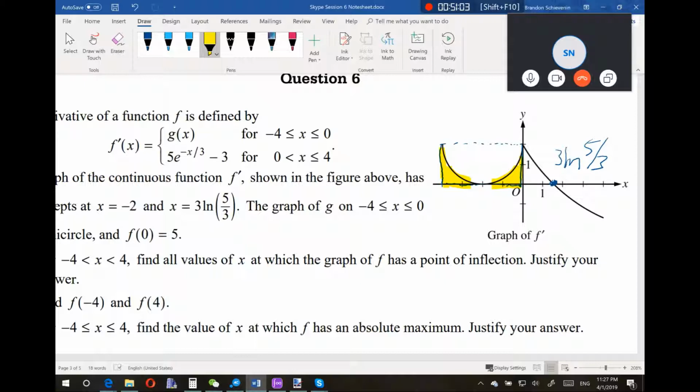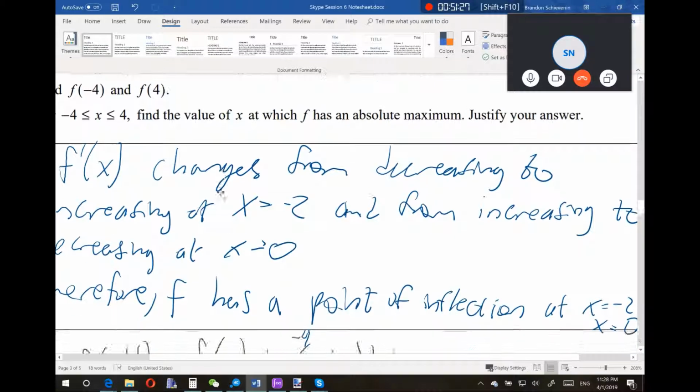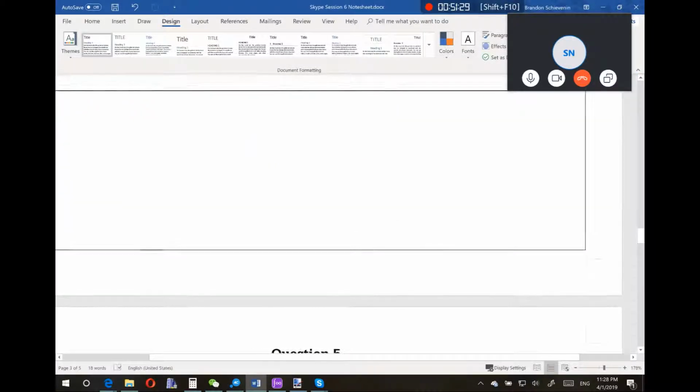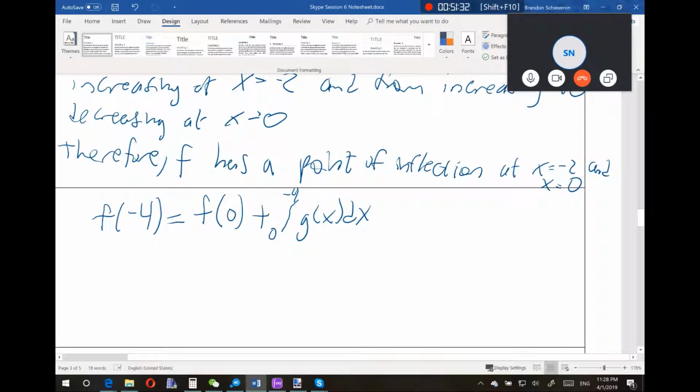What's the area of the semicircle? 2 times pi. What's the area of the whole box? 8. Okay, so that means this whole yellow area is 8 minus 2 pi.